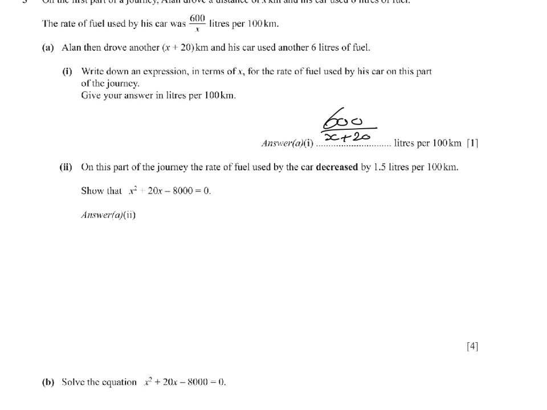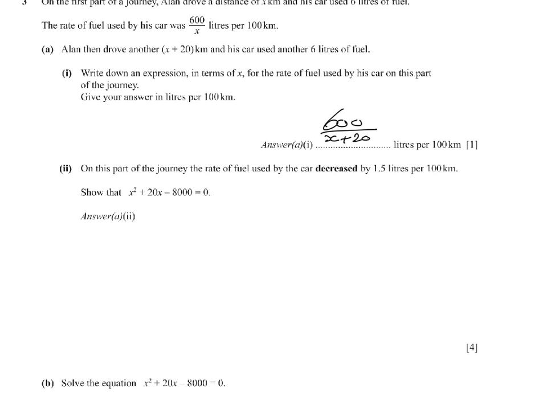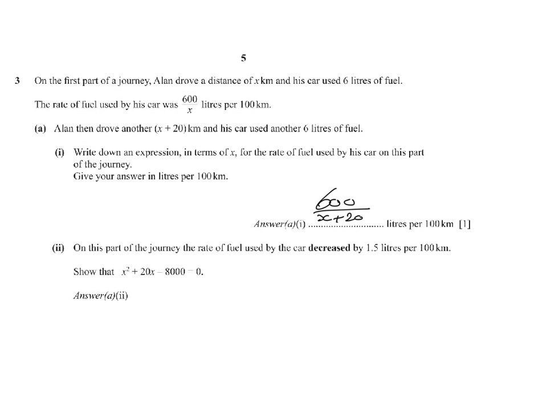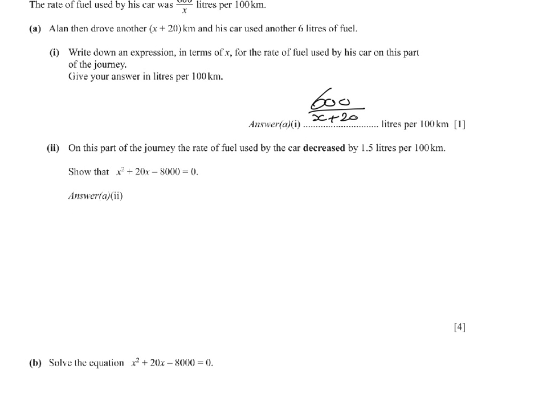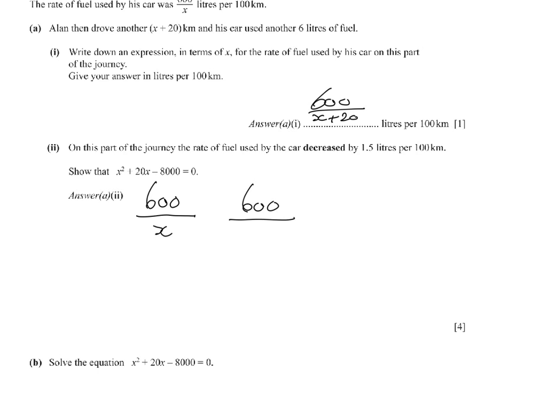So what is happening? Again, on this part, the amount of fuel used is decreased by 1.5 compared to before. So before the amount of fuel used was 600 over X, I'm going to create my equation now. And now for the second part, the amount of fuel used is 600 over X plus 20.